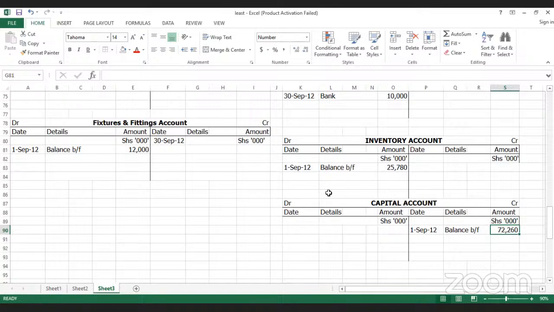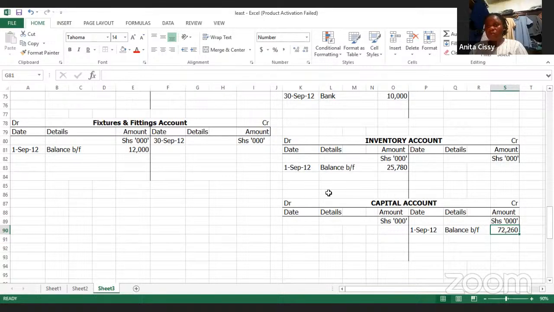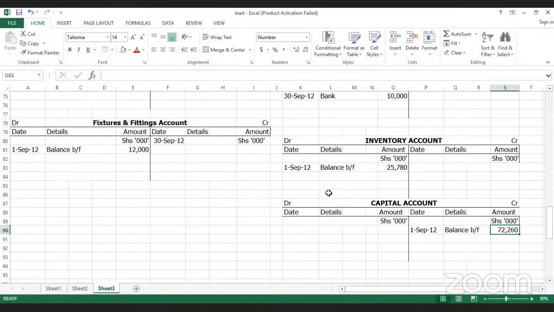Now, when it comes to balancing accounts, we need to really understand what they mean by balancing accounts, because it's an easy task, as we are going to see.